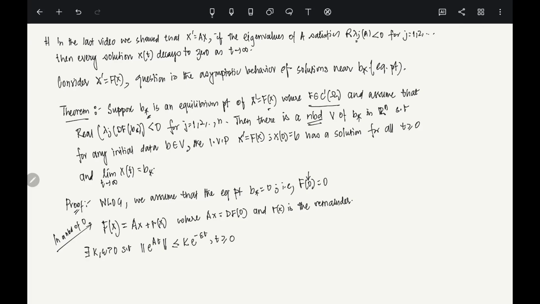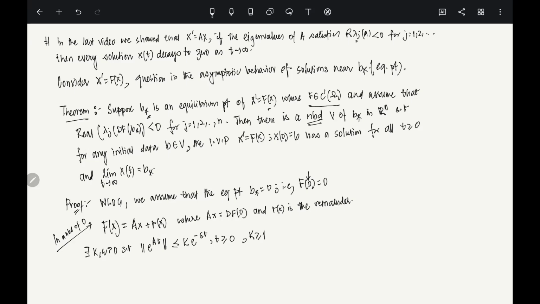We talked about this while discussing the asymptotic behavior of solutions; we used this fact also. Of course, k is greater than or equal to 1. It has to be by definition, because at 0 it is also 1. So k always has to be greater than or equal to 1.